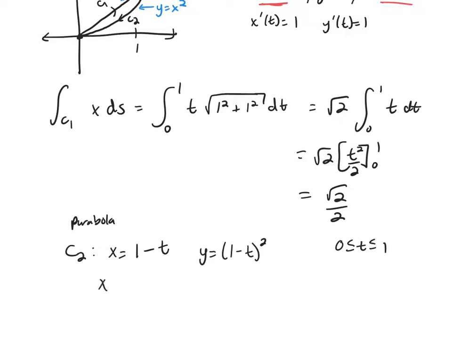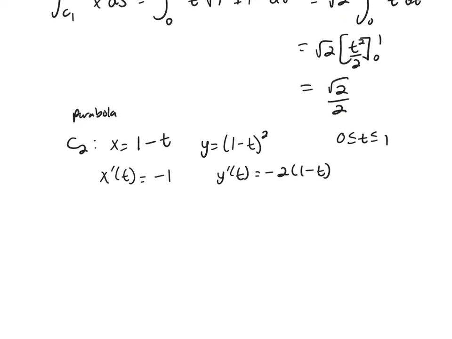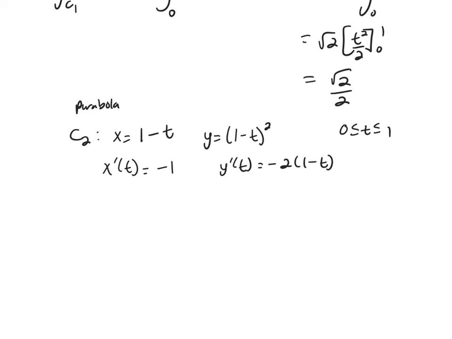Now we are going to need the derivatives of these, so let's go ahead and compute those. We get -1 for x prime. For y prime, you have to use the chain rule: -2 times (1 minus t). And so now let's compute our line integral over C2.